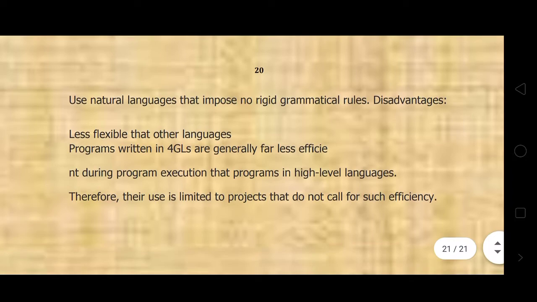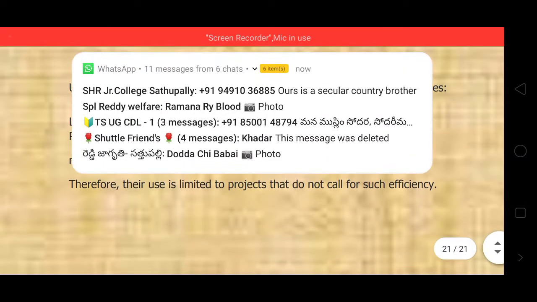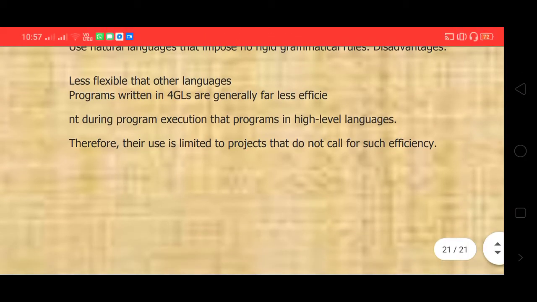Disadvantages: less flexible than other languages. Programs written in 4GLs are generally far less efficient during program execution than in high-level languages. These are the disadvantages of the fourth generation languages.